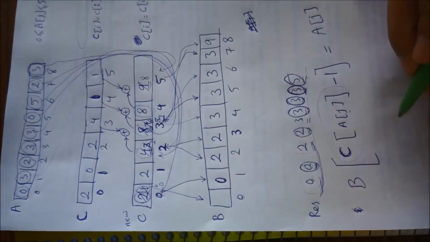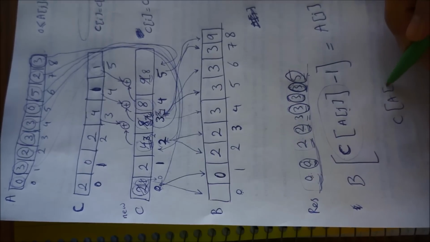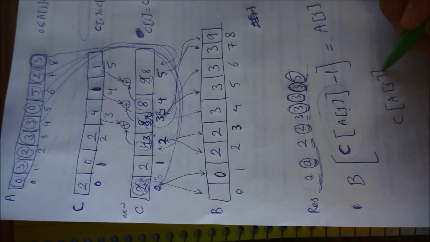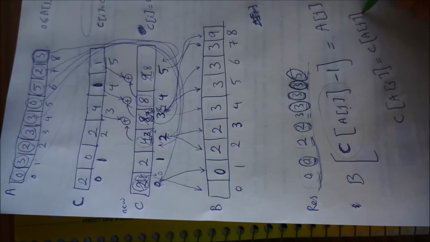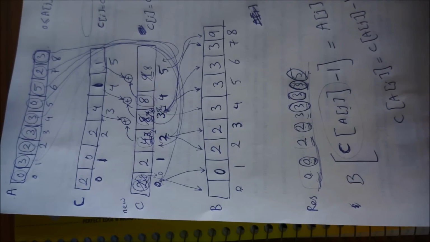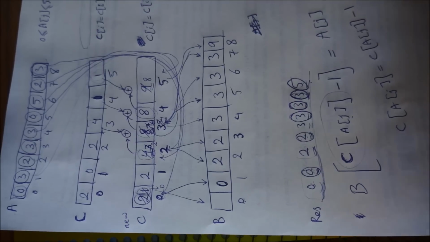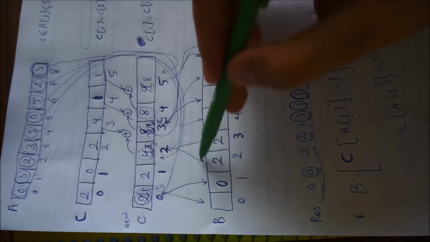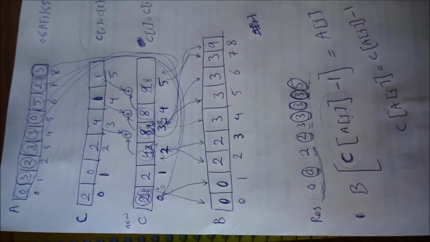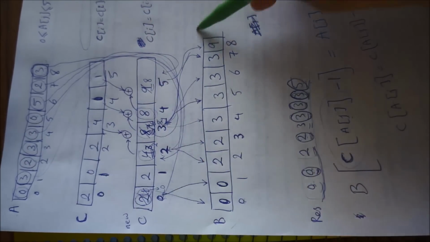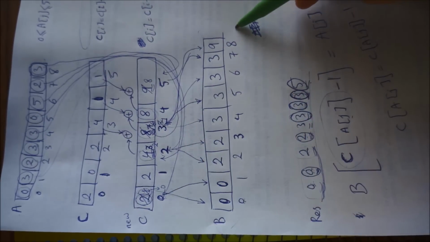So that one here was C of a[i][j]. So I need to decrease it by 1. So C of a[i][j] minus 1. Okay? So as you look at the array here, don't forget to put the 0 there. Okay? So as you look at the array here, it is sorted, right?